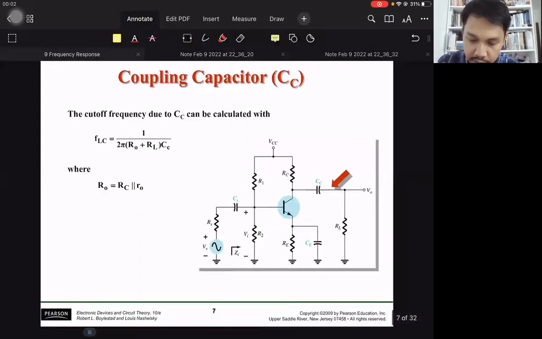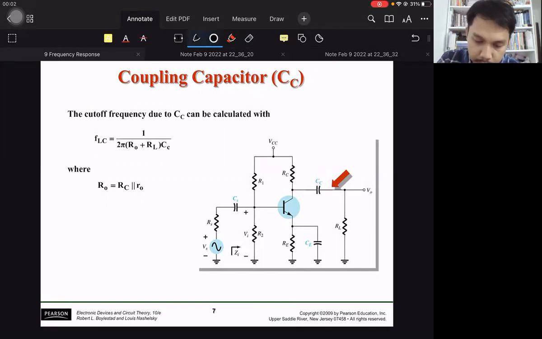How about due to CC? So RO plus RL, CC. RO is ZO, so ZO plus RL.